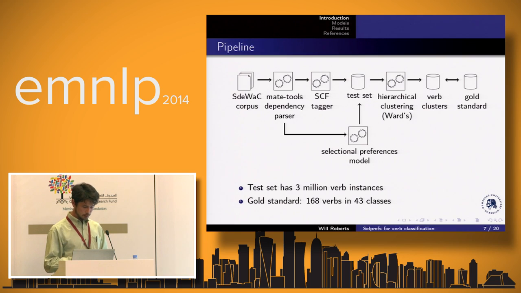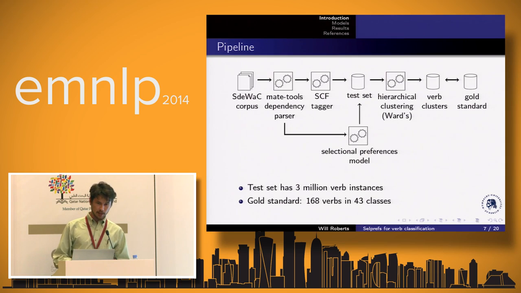At this point, we run a tool that we've developed, which takes every verb instance in the parser output and assigns it a subcategorization frame tag, like we've seen on the previous slide. So this gives us something that we call the test set. In the majority of the work that I'm going to talk about today, the test set uses about a quarter of this corpus. So it contains 3 million verb instances that are all tagged for subcategorization information.